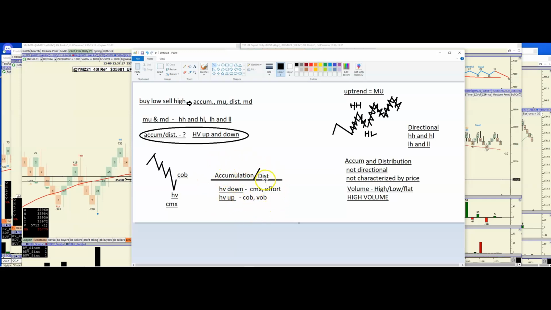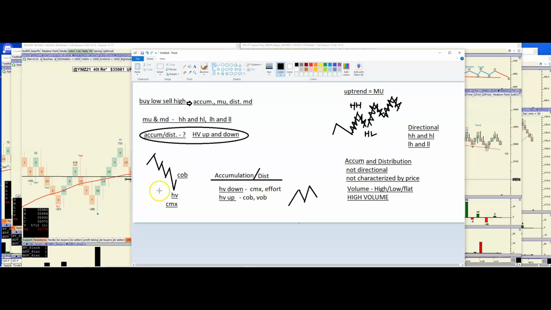So entering markup and markdown is after you have these behaviors and you make your higher highs. That's why you have your confirmation higher high, right? You get your higher high confirmation. This is the transition from accumulation to markup, right?